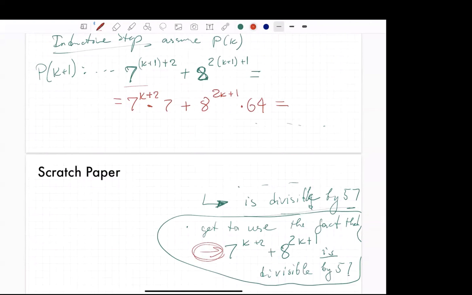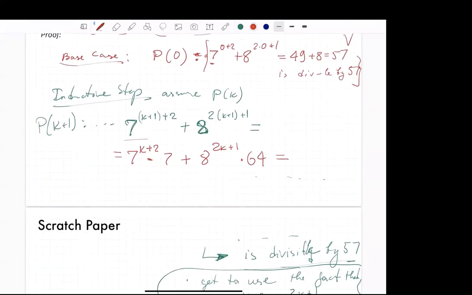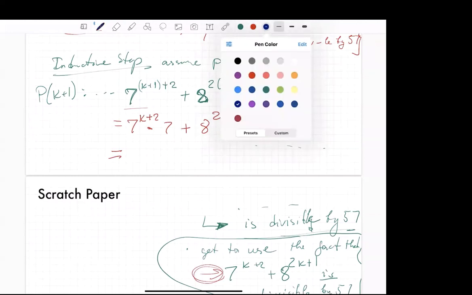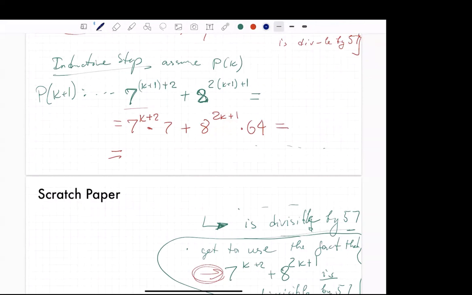Okay, so can people help me out? This is kind of either you can see or you can't see. You can split 64 into 57. Do you see that 64 is 57 plus 7, right?